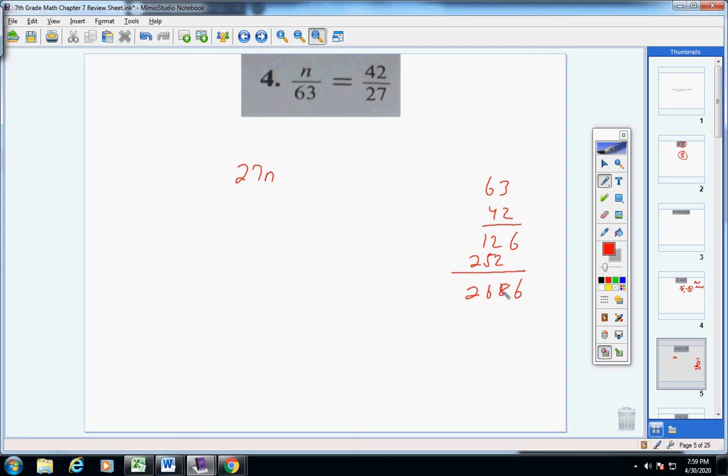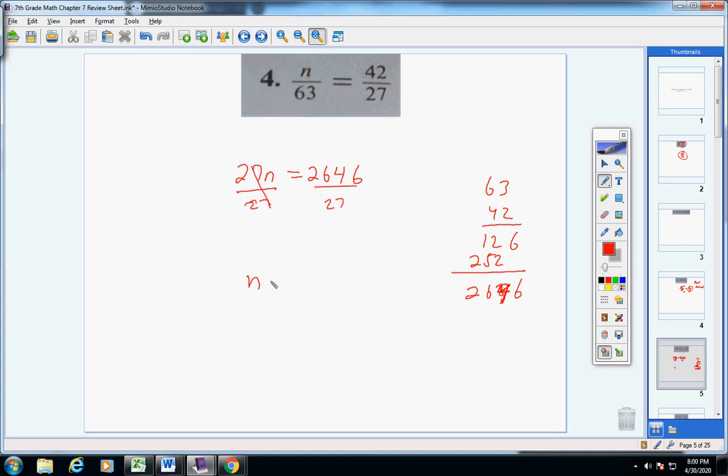That should be a 4. Now, guys, if I made any mistakes, I did do it quickly, so hopefully I didn't. When I multiplied 63 times 42, I got 2,646. Okay? Now, let's say we got to divide both sides by 27, right?